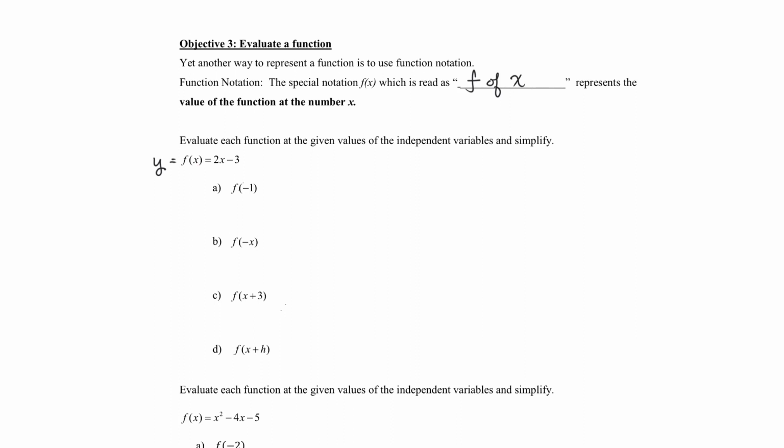Each x gives us one and only one unique value of y. This is the independent variable. Once I've been given this, the value of y is dependent upon it. Independent, dependent.